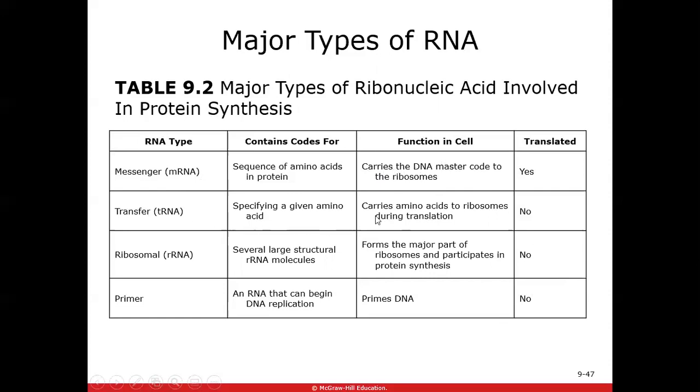Transfer RNA carries the amino acids to the ribosomes during translation. So the transfer RNA has amino acids on one side, and it has the anticodon on the other. Then the ribosomal RNA forms a major part of ribosomes and participates in protein synthesis. Only one of these that is translated is the messenger RNA.